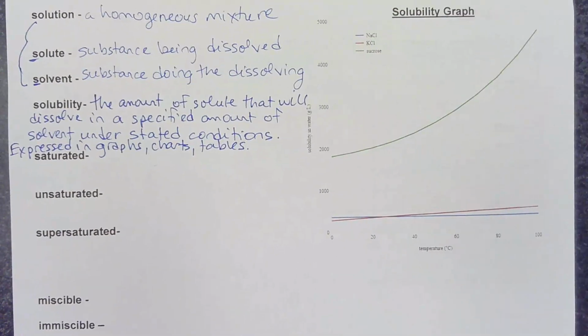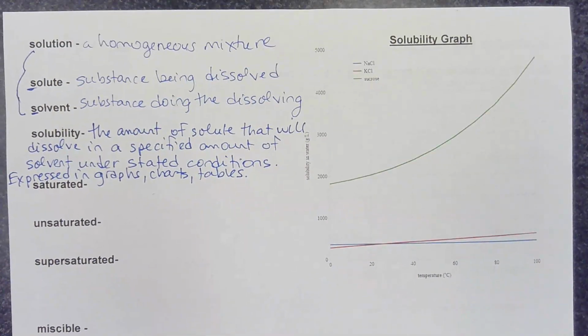The solubility of a substance will be expressed in a graph, a chart, or a table. Do you have anything in these notes that expresses solubility? Yes or no? Yes, you do. What do you have in these notes? What's it say, guys? Read it. Solubility graph. You have a solubility graph.